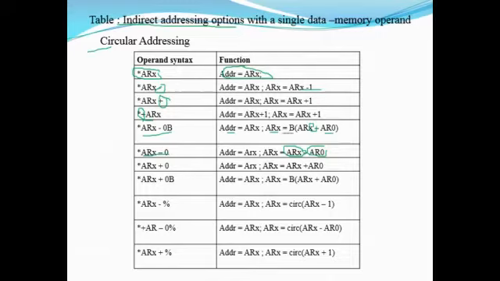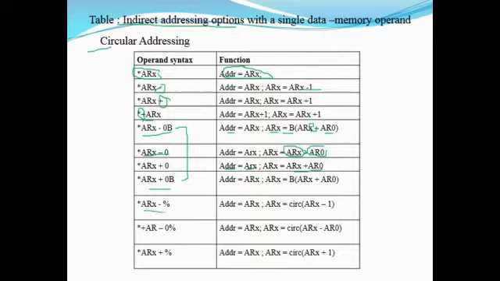Similarly, ARX plus 0: the value of ARX is the address, and the content of AR0 is added to the content of the auxiliary register ARX. Similarly, ARX plus 0B is similar to this instruction, which is the bit reversal addressing mode.